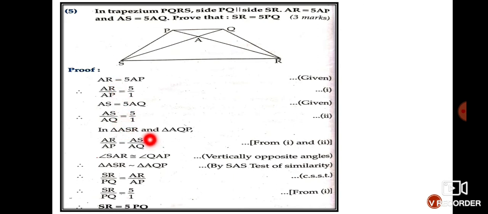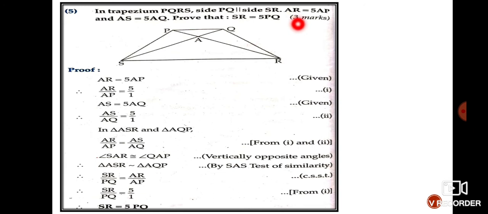Now let us go to triangle ASR and AQP. Now you can see many triangles over here. You have to always be careful about which two triangles you are talking about. You have to identify that by the information given in the question.